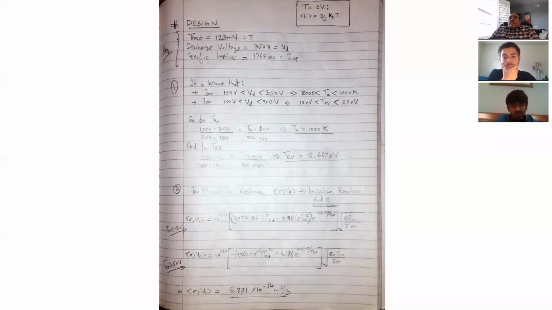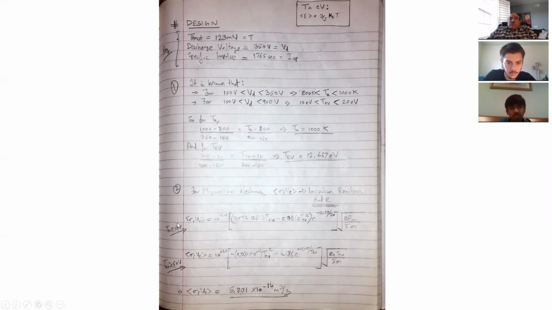Okay. So now the second point is that for Maxwellian electrons, the ionization reaction rate is given by this factor. There is a lot of data in the next couple of slides, which might be either assumed data or empirical relations, which can be taken to be true. For example, the ionization reaction rate has two cases.